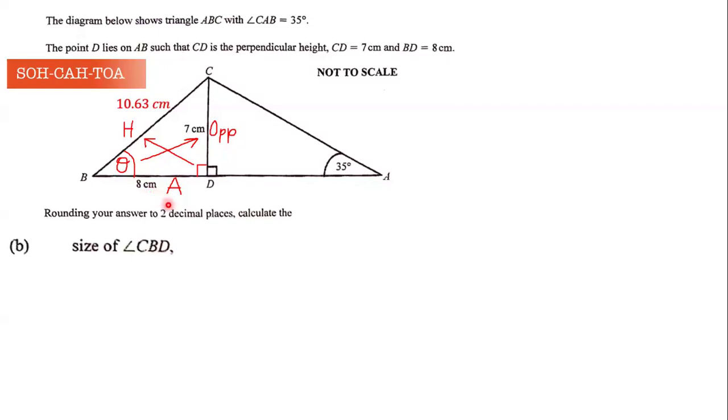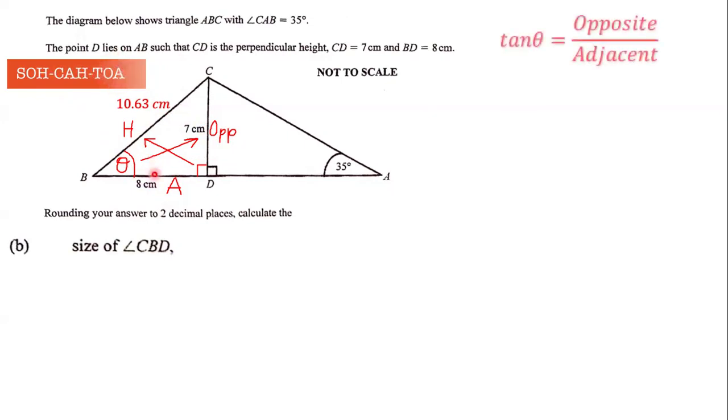Now, remember, we're trying to find theta. We can use any of the 3 trig ratios because we have the lengths of all of the sides. We have the hypotenuse, we have the opposite, and we have the adjacent. But I would use tangent.